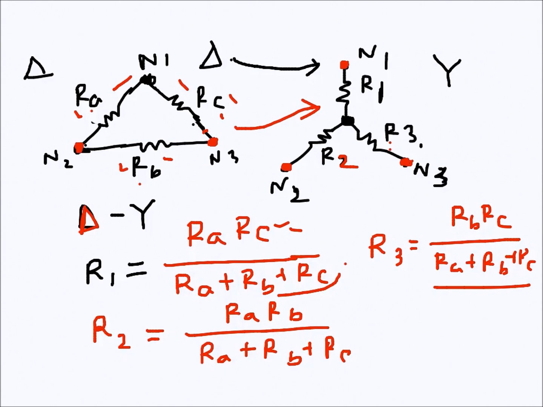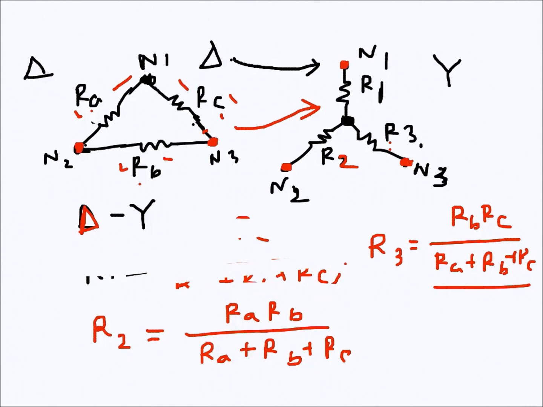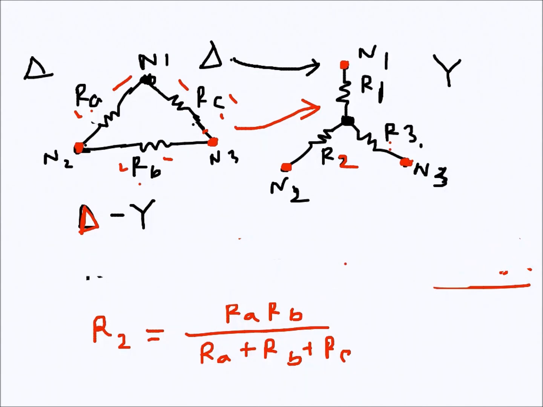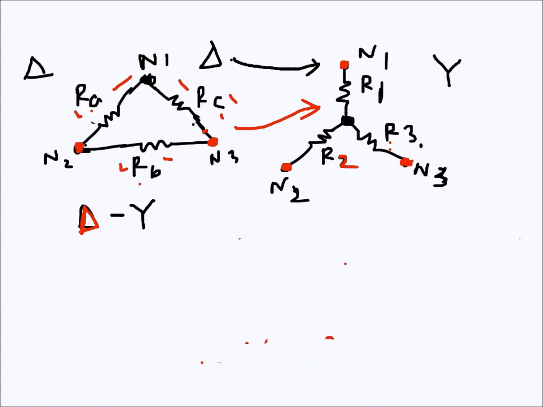Now if I want to do the Y to delta, I will just erase this part instead of erasing the whole thing. So basically I want to do Y to delta now. So I have this one, I want to convert it into this one.